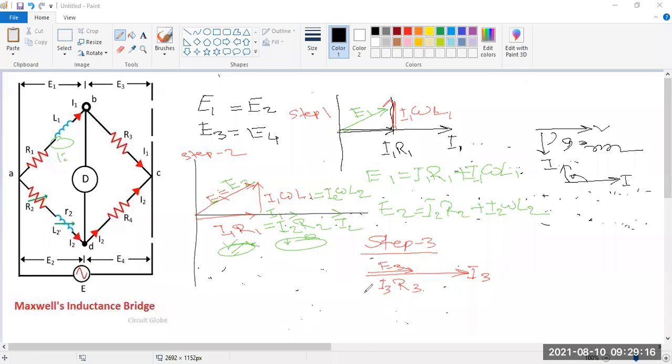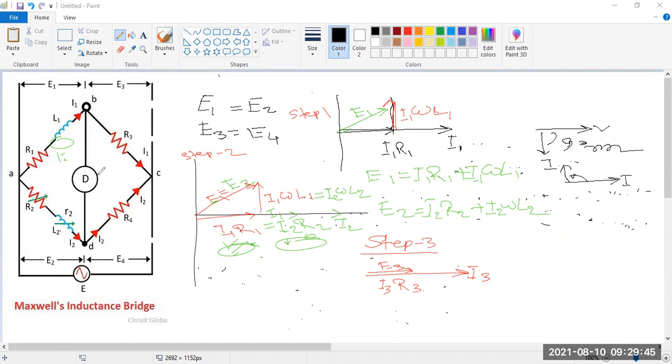And we know that I3 equal to I1. Why? In this branch, this is a series current. This I3 is flowing, and this is I1. So I1 equal to I3, or you can say this is directly I1, because this is only series, there is no other path.